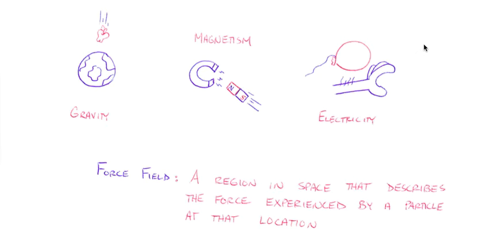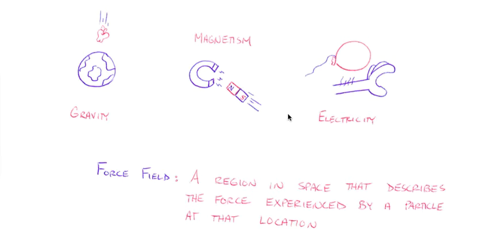So, despite the fact that the Earth never needs to make contact with this apple, there is a region around it in space in which I can place this apple, and that apple will be pulled by the Earth. It will experience a force. Same thing with the magnet, and same thing with static electricity and the hairs on your arm.